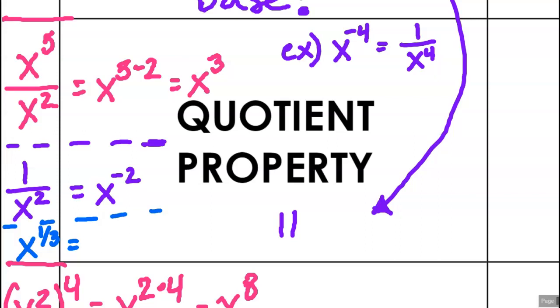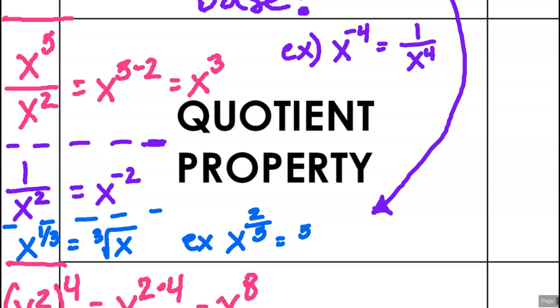We're running out of time, so I'll just tell you. X to the power of 1/3, the denominator of the exponent is actually the root. So this can be rewritten as the cube root of x. Another quick example, if you had x to the power of 2/5, again, the denominator is the root, so this is the 5th root of x, and the numerator in the exponent is just the exponent.